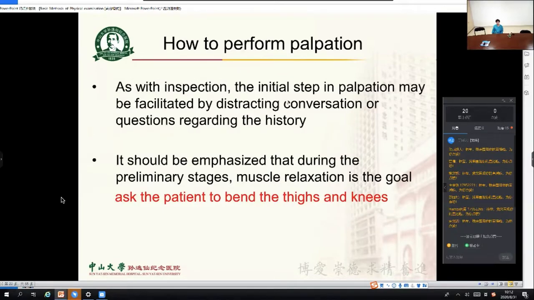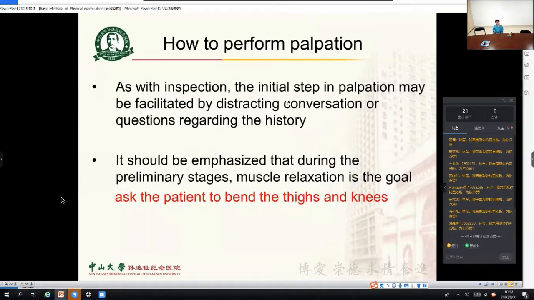And how to perform palpation? As with inspection, the initial step in palpation may be facilitated by distracting conversation or questions regarding the history. So we need to talk with the patient, keep communicating with the patient.